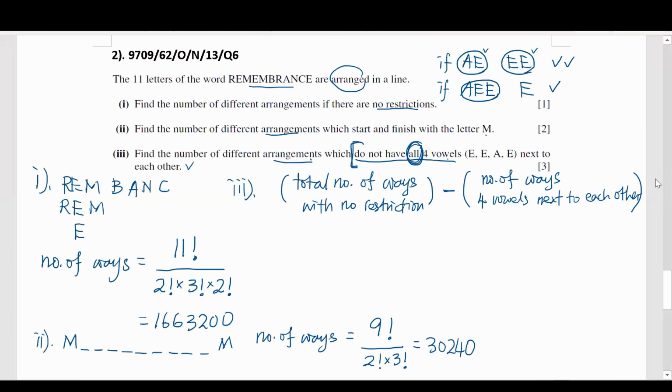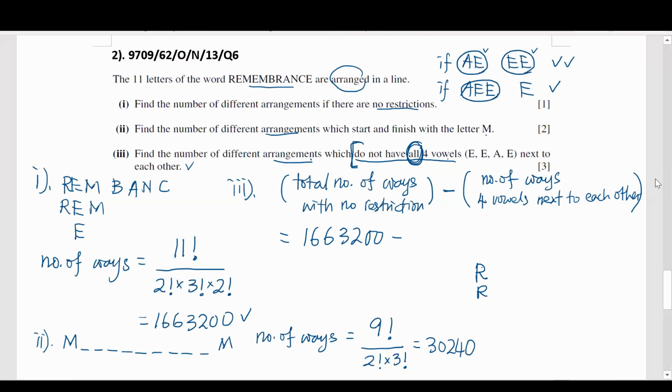Now the total number of ways with no restrictions is the number of ways we found in part 1, which is 1663200. Now we need to find out the number of ways where all 4 vowels are next to each other. So I will write down the letters below.